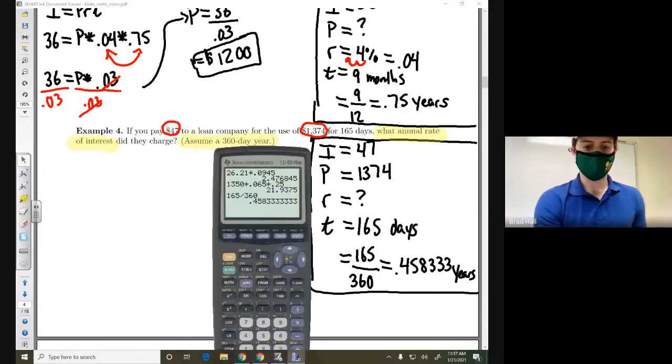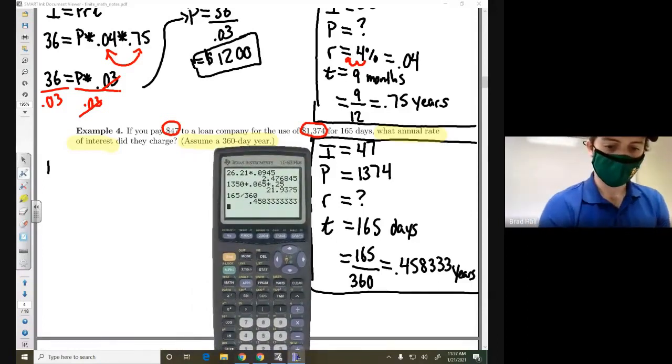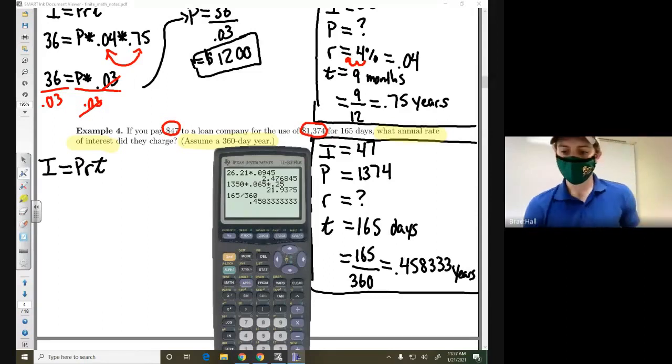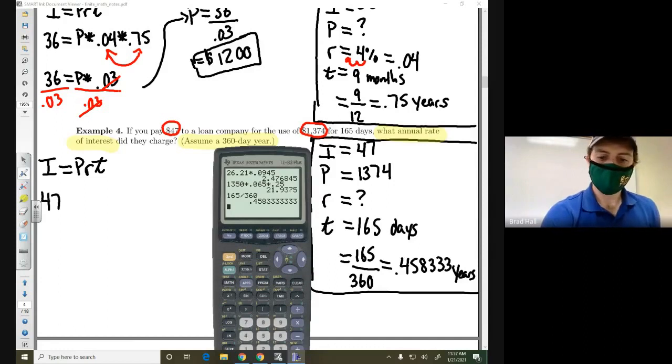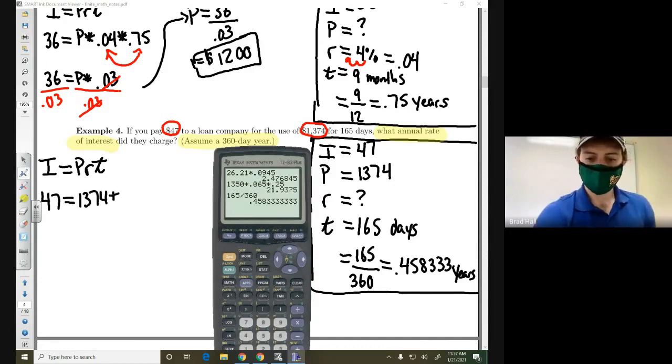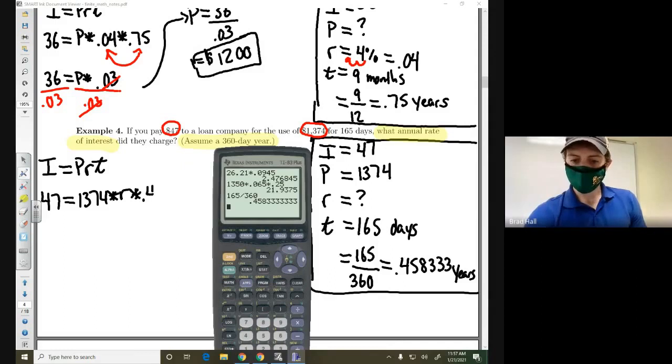So move that to the middle, and I'll start building the formula over here. P times R times T. And let's go ahead and start plugging everything in. $47 is equal to $1,374 times R, which is unknown, times 0.458333.